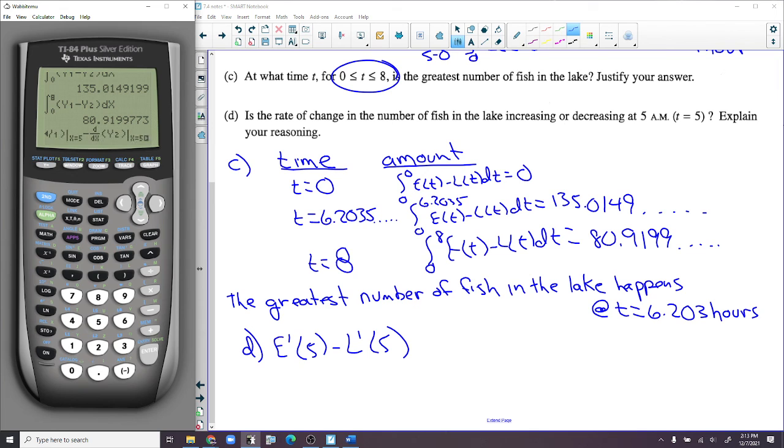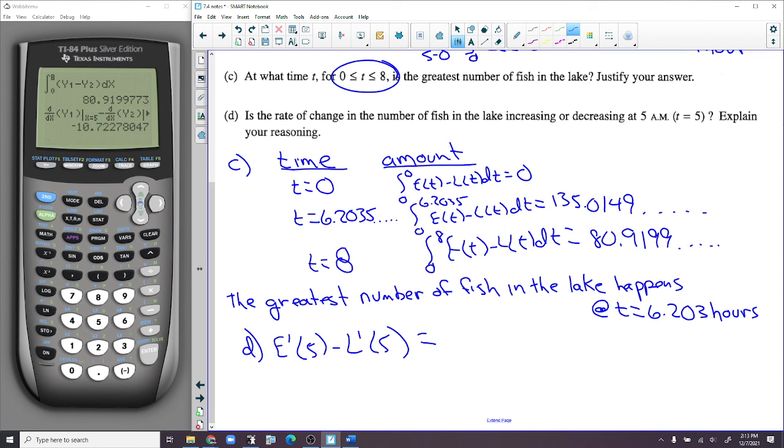So there's entering prime at 5 minus leaving prime at 5. And the rate is actually decreasing. So negative 10.7227, let's say. And it says, explain your reasoning. Here it is. That's less than 0. So decreasing.